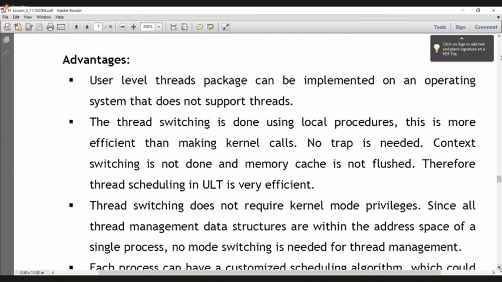Try to read them. User level thread package. A user level threads package can be implemented on an operating system that does not support threads. So let's say you have an earlier operating system which is not supporting multi-threading.